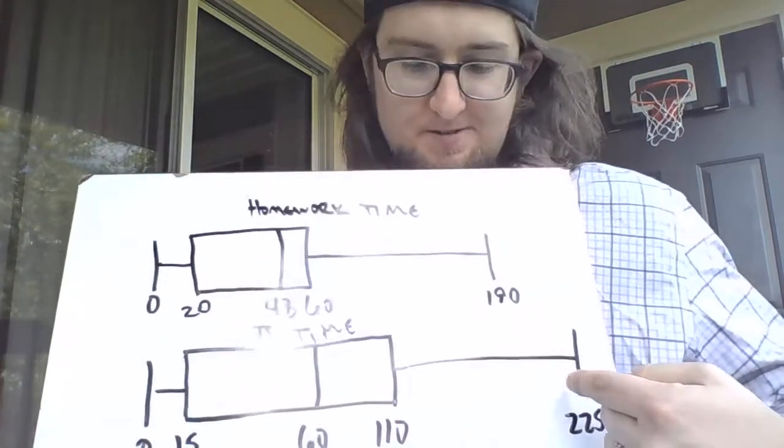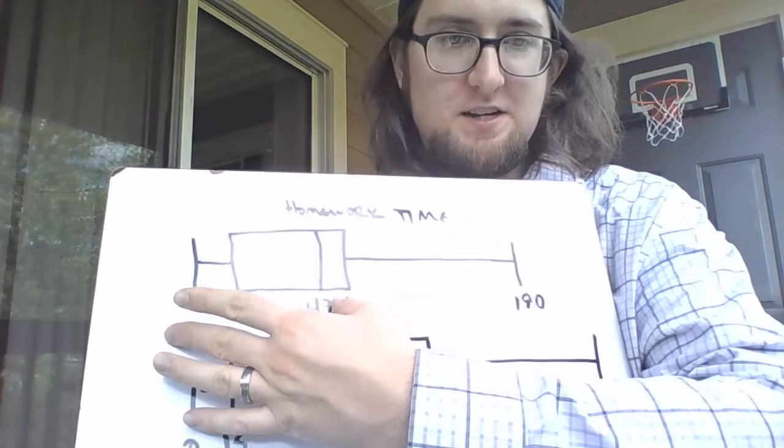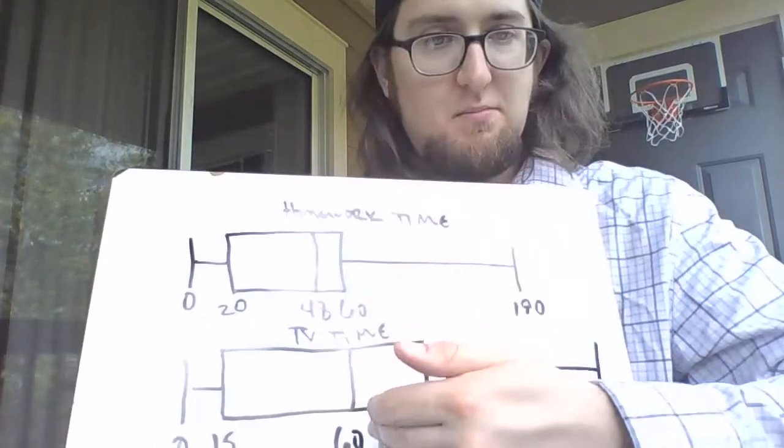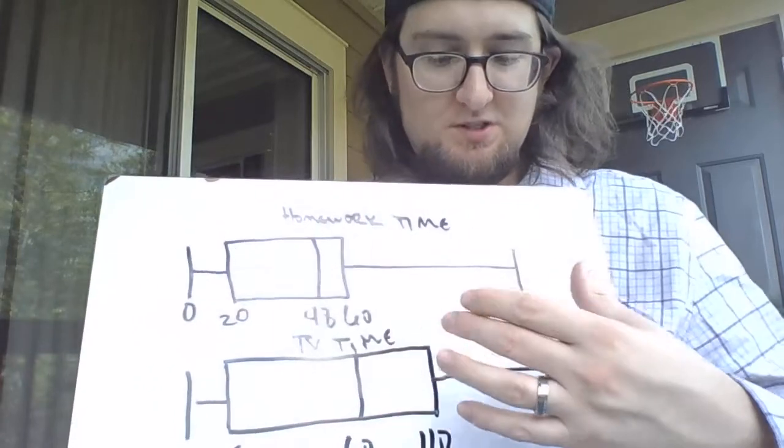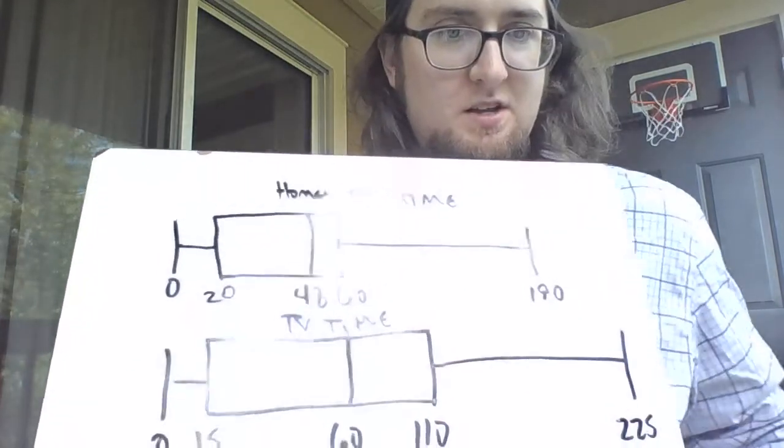This is 50%. This is 75%. The 60s line up. So 75% of homework time was done in half the time of TV time.